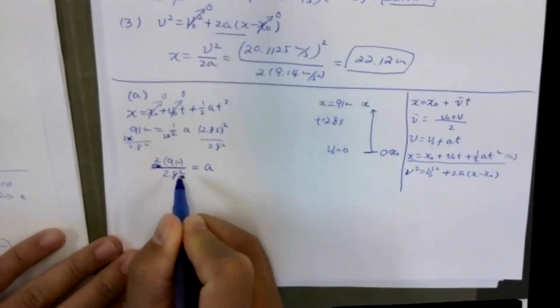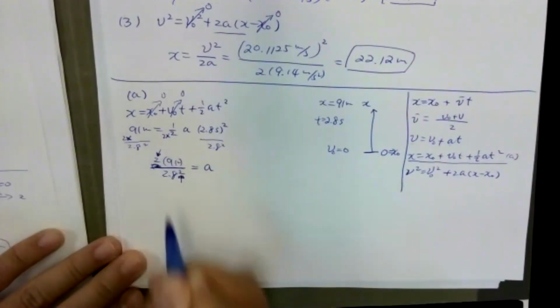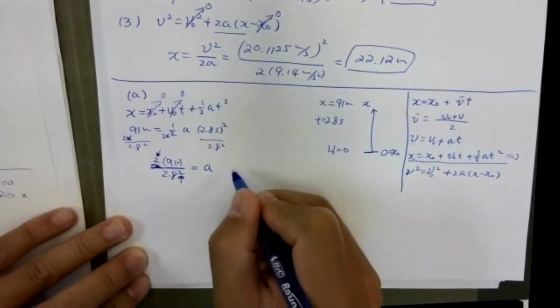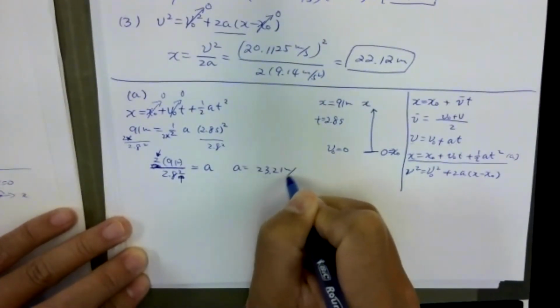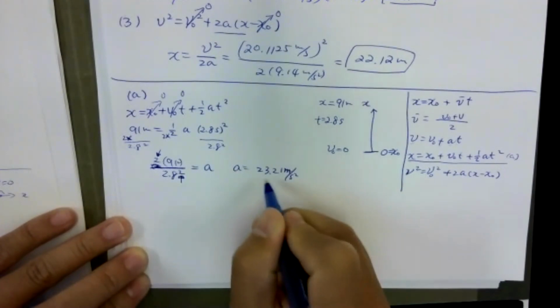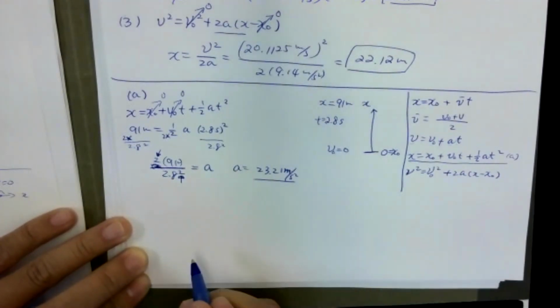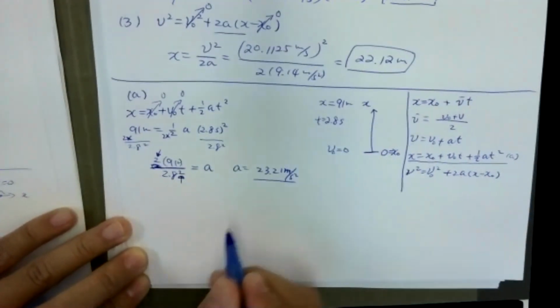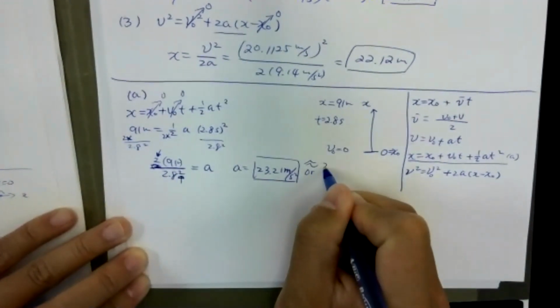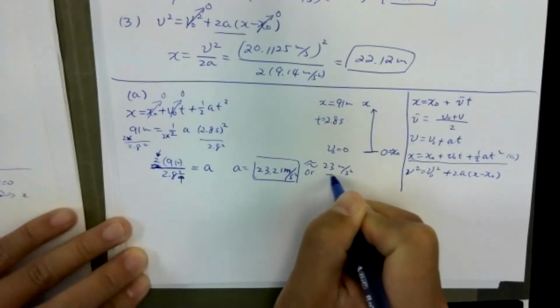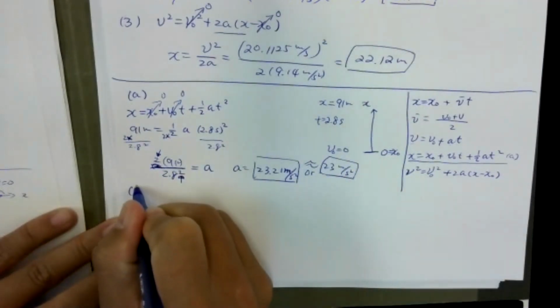There's a square here and a factor of 2 here. But other than that, this should give you acceleration equal to 23.21 meters per second squared, or roughly 23 if you do approximation. So that's A.